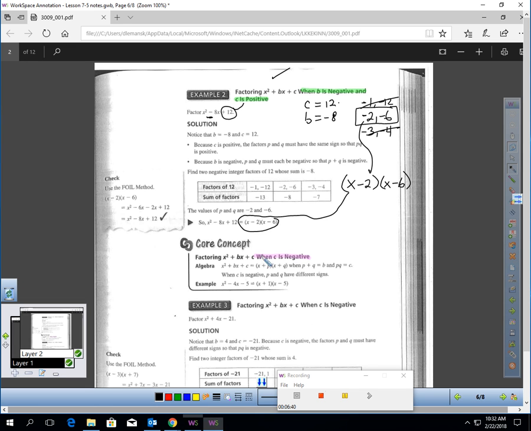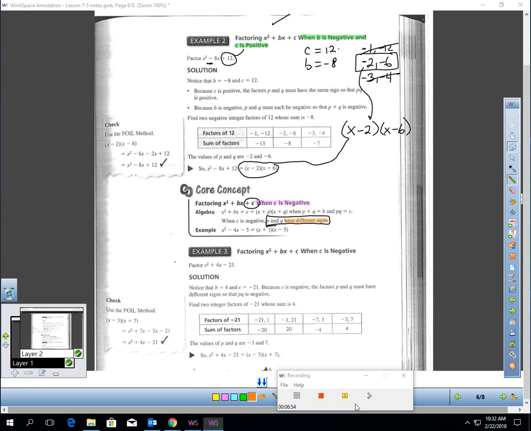Now, what happens if my c value is negative? That means my factors will have different signs. Maybe I should highlight that. I have different signs when that happens. So let's try that down here. I have a sample where c is negative 21 and b is 4.